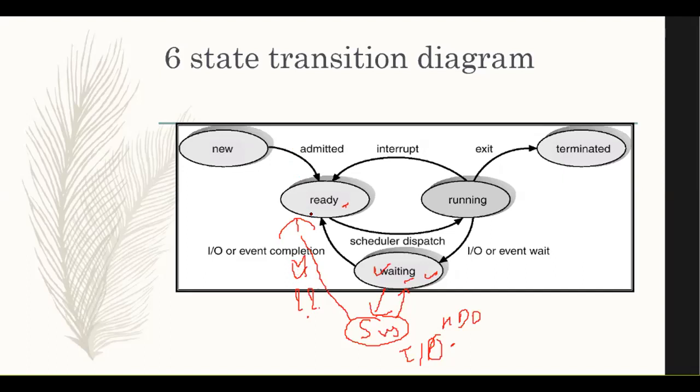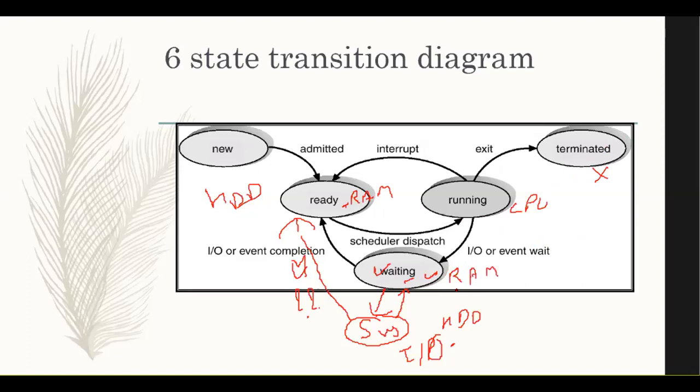When we consider this thing, we have picked that this new is in hard disk, this ready is in RAM, this is related to CPU, and this is nothing to do with any specific memory because it will get terminated. This is in RAM.